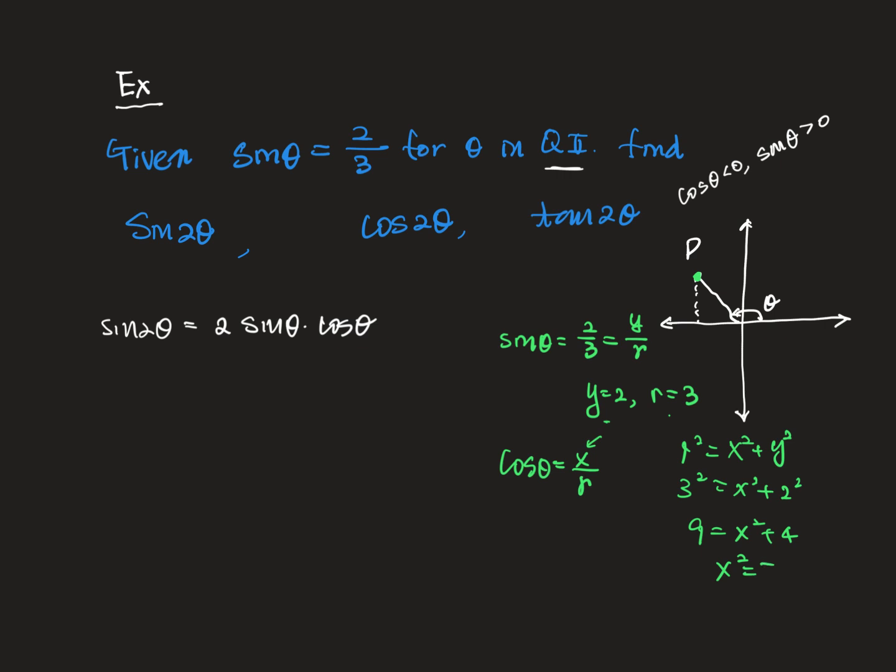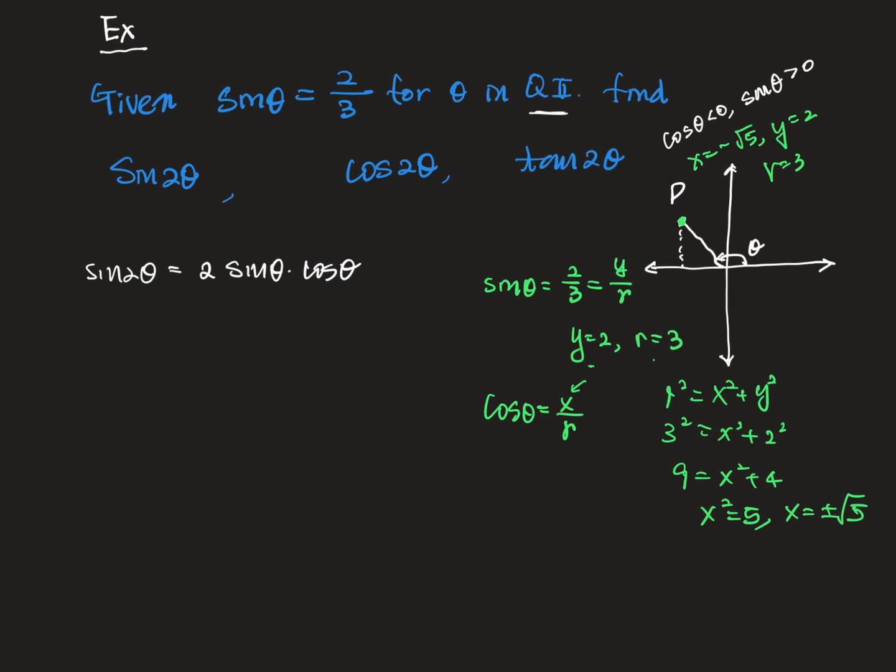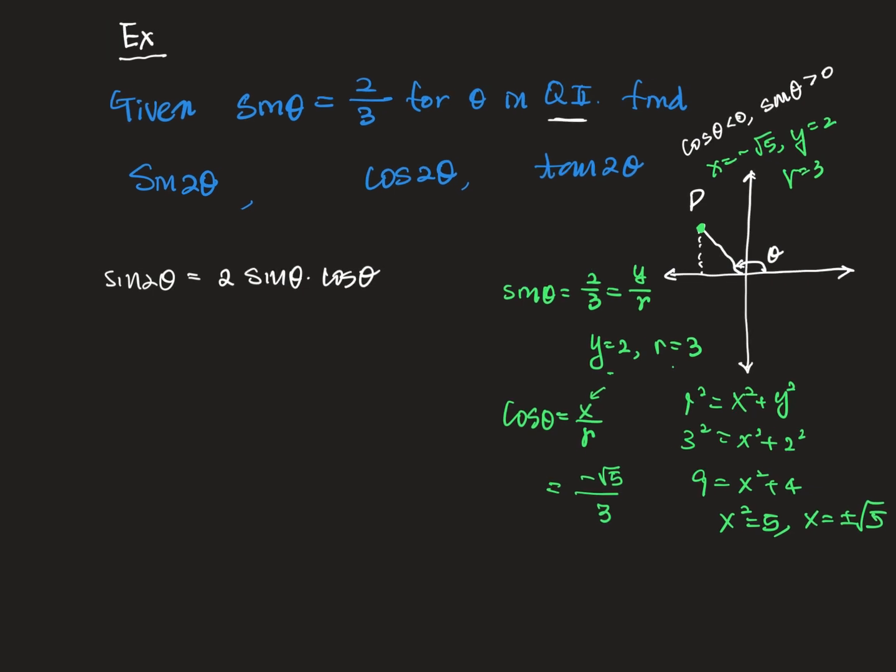X square is 5, so x equals plus or minus square root of 5. But since x is in the second quadrant, x is negative square root of 5. So cosine theta is negative square root of 5 over 3.